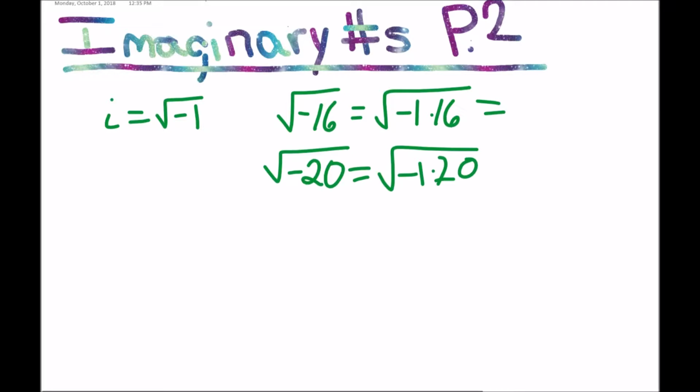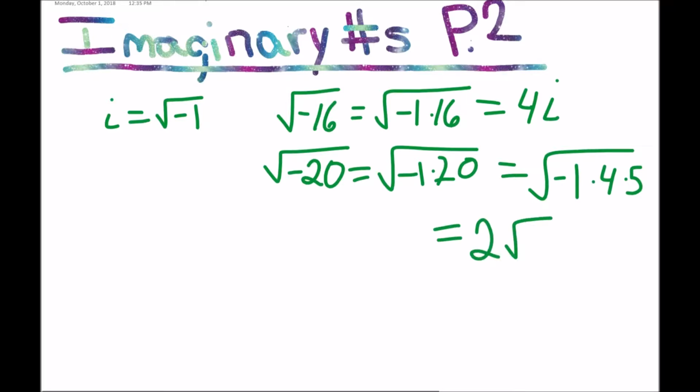So we said this is -1 times the square root of 16, this was 4i, and we said this could be broken down further, -1 times 4 times 5, and we said this equaled 2 square root of 5 i. Okay, so those were our two answers from that.